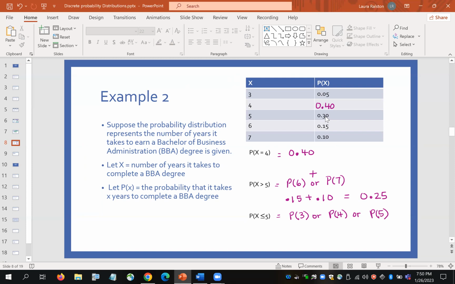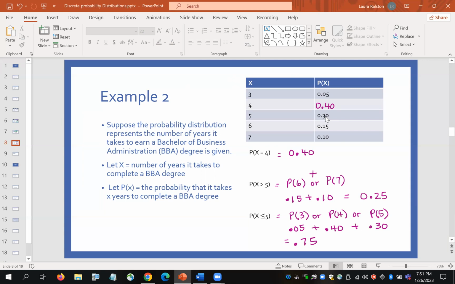Again, or implies the addition. So you would have 0.05 plus 0.40 plus 0.30. So there's about a 75% chance that it's going to take less than or equal to 5 years to complete it.